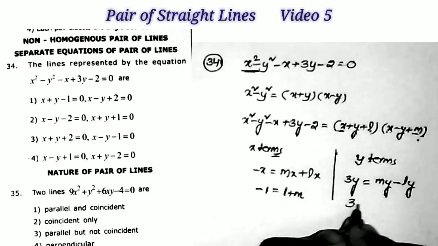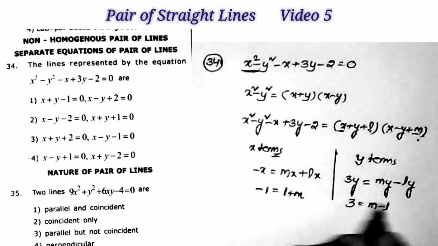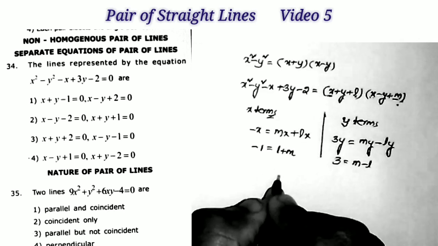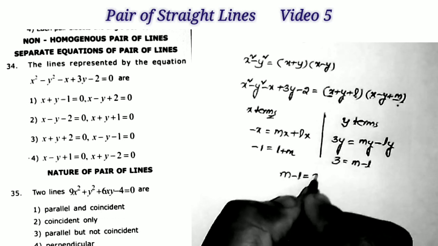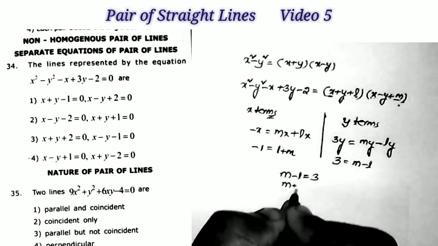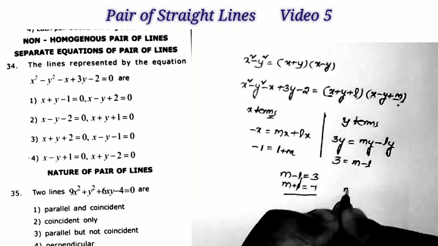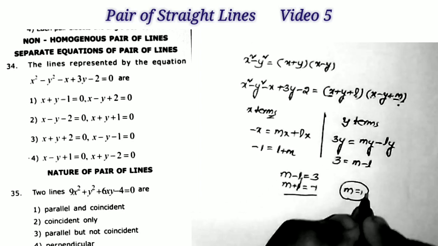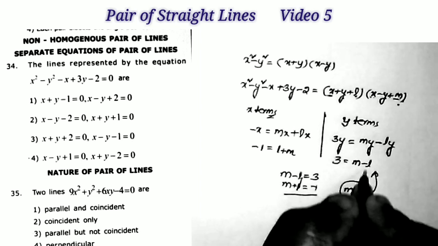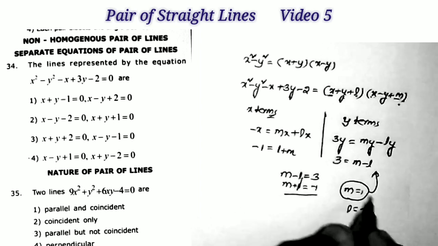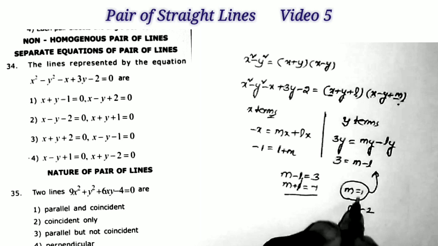Taking the y comparison, we get 3 is equal to m minus l. Now solving these two equations, m minus l is equal to 3 and m plus l is equal to minus 1, we get 2m is equal to 2, so m is equal to 1. Then l is equal to minus 2.